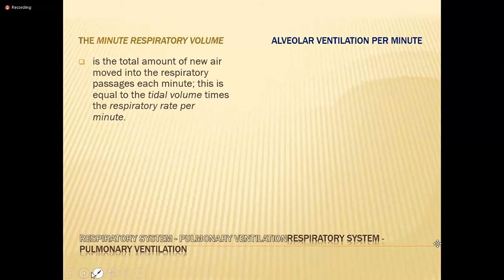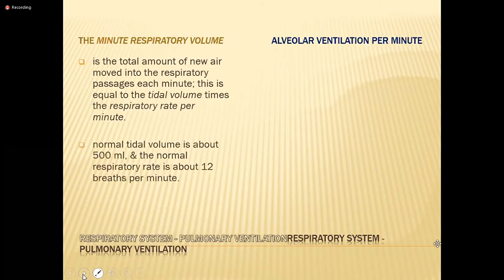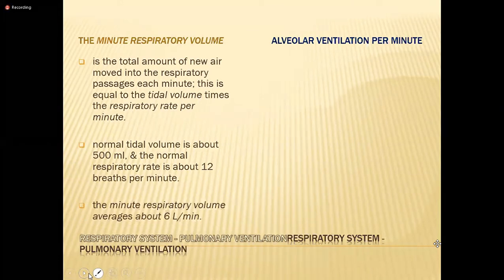The nurses and the medtechs know this. 12, right? So normal tidal volume is about 500 ml, and the normal respiratory rate is 12 per minute. So the minute respiratory volume averages about 6 liters per minute.